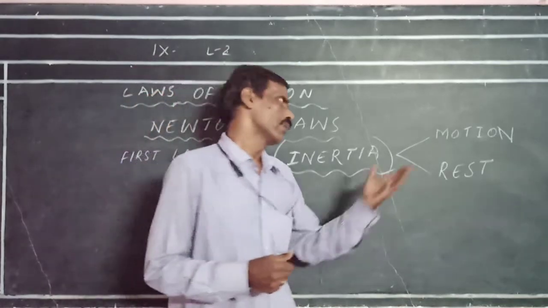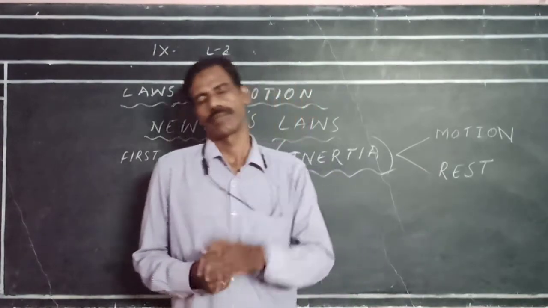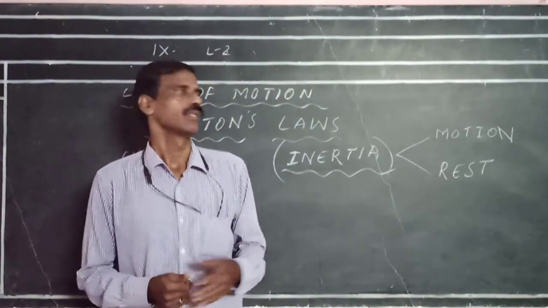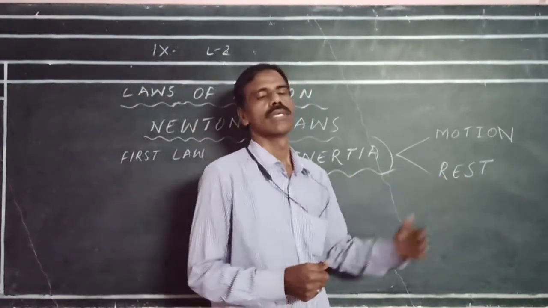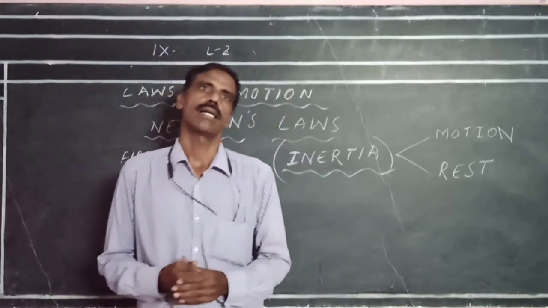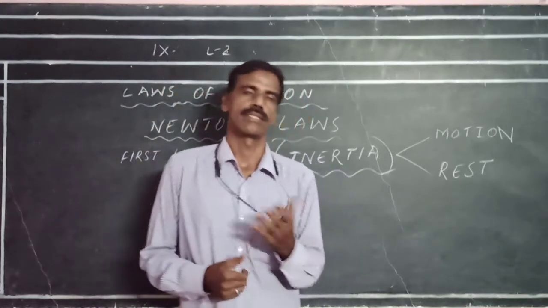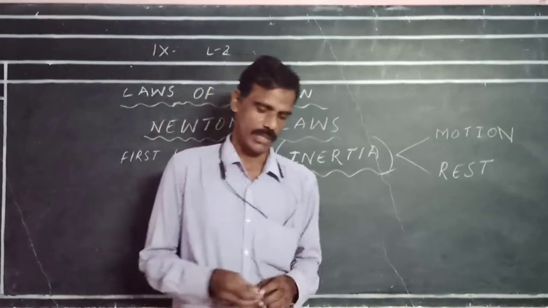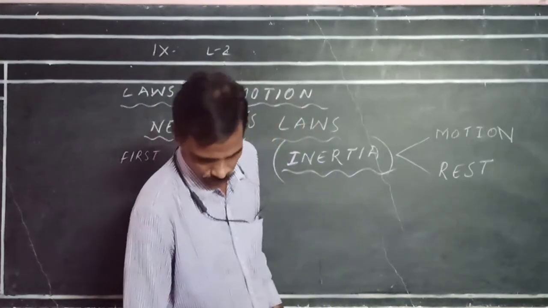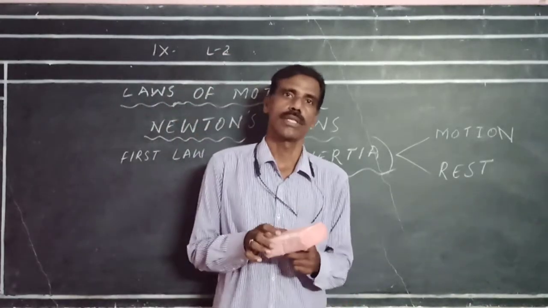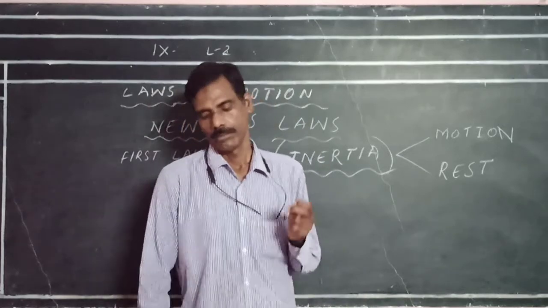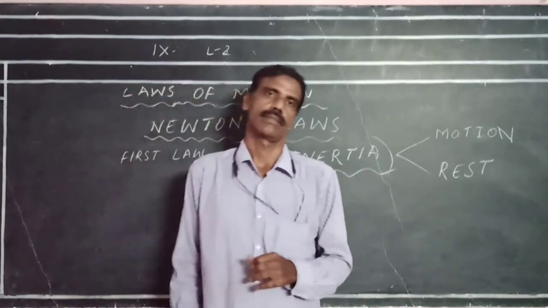For example, we can also carry out an activity to observe this inertia of motion or inertia of rest. That is, for example, when a trolley is taken by you in a supermarket.